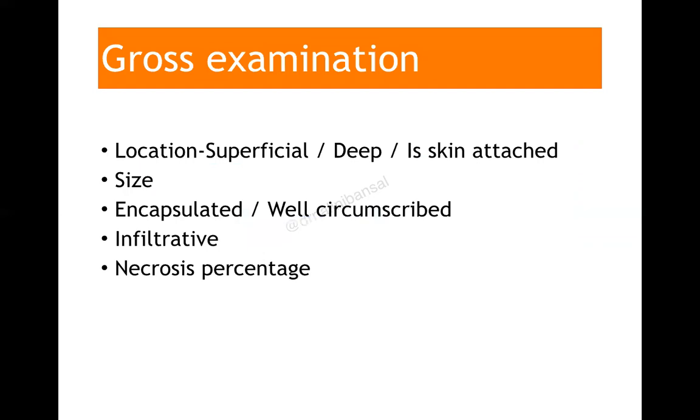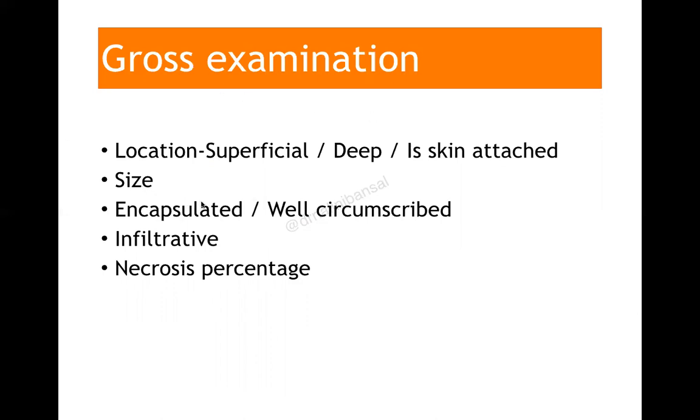So how do you approach the gross examination of any mass that is resected as a soft tissue mass? The first and foremost thing is the location of the mass: whether it is superficial or deep, and whether you see any skin attached to the surface. The size of the lesion is again very important, because if you are seeing a retroperitoneal mass and the size is more than 5 centimeters, most likely you are dealing with some malignant pathology.